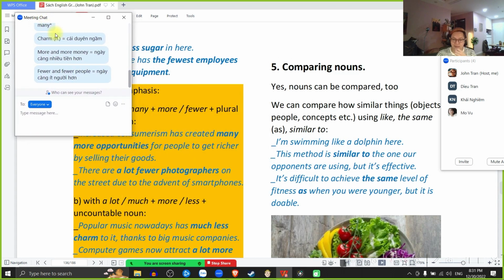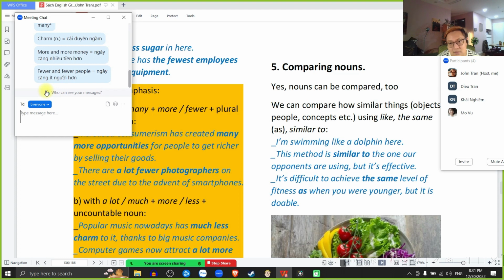Comparing nouns. Yes, nouns can be compared too. We can compare how similar things, objects, people, concepts, acts are.